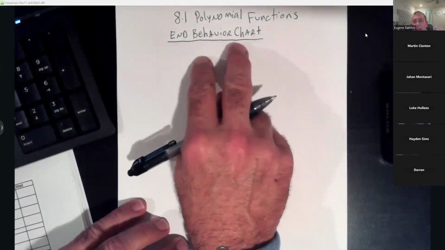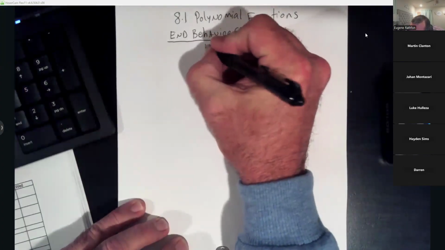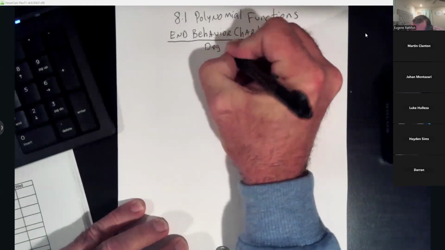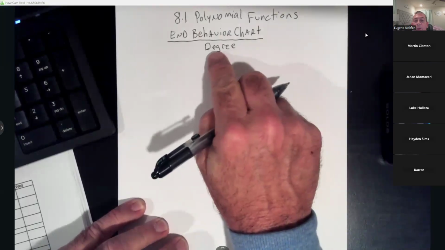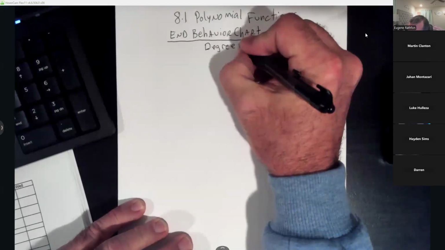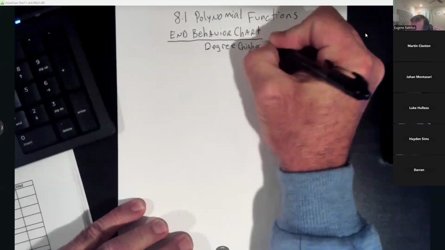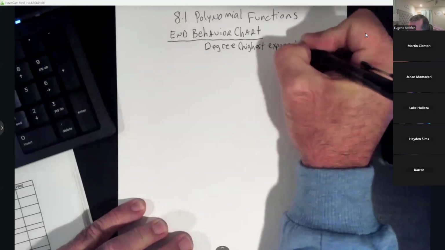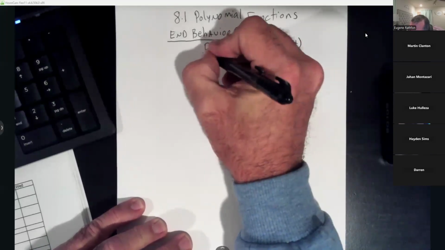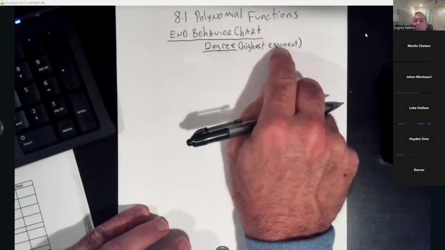So y'all, the first thing I look at on the graphs, I look at the degree of the polynomial. So the degree of a polynomial is the highest exponent. Okay, so I'm going to look at the degree, which is the highest exponent.